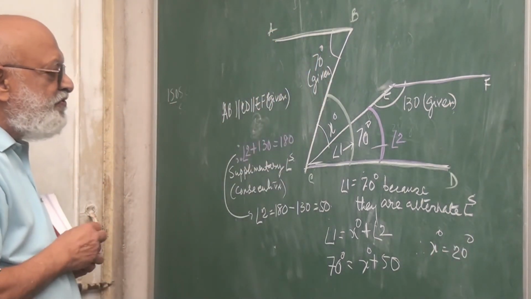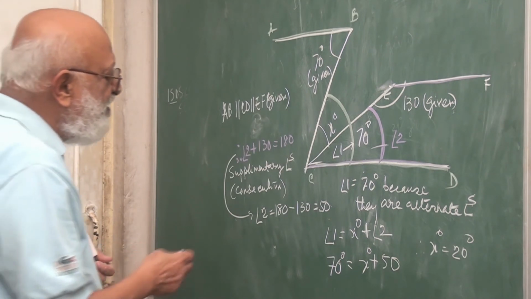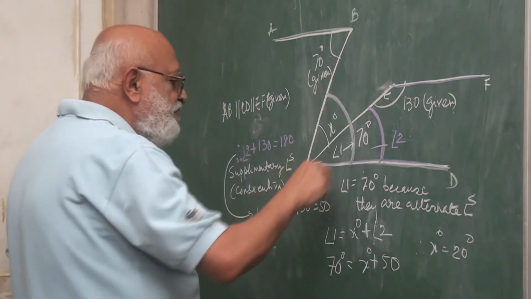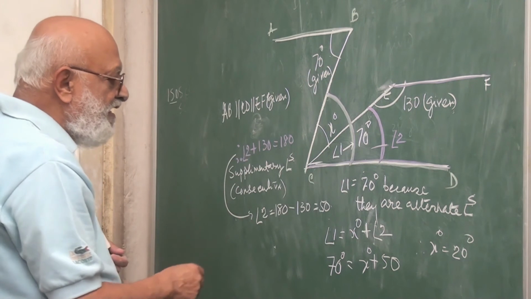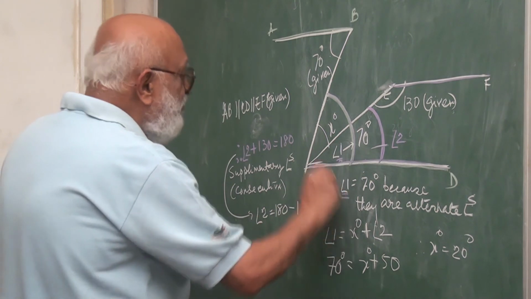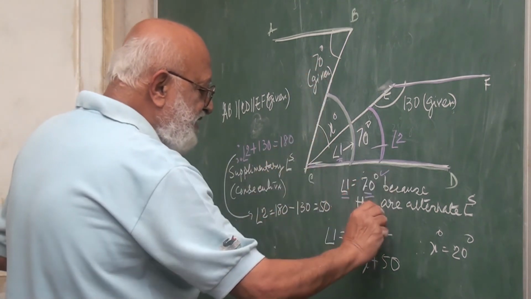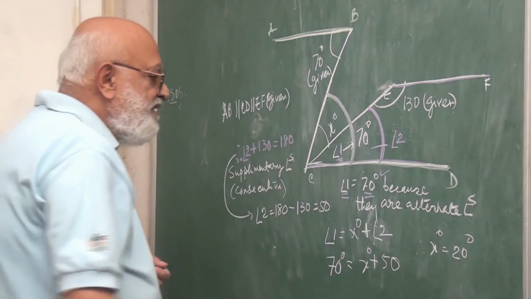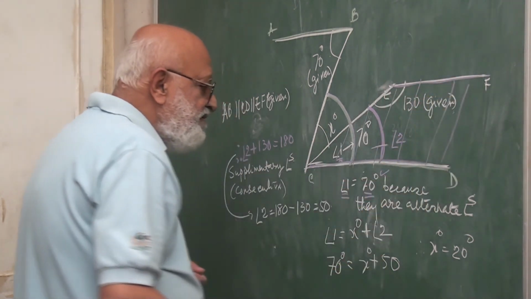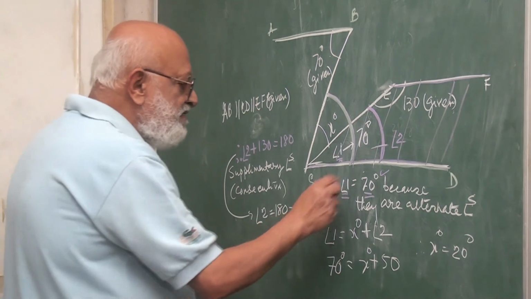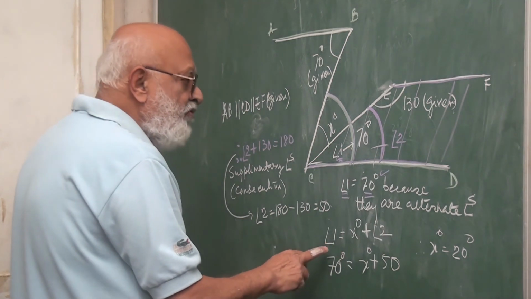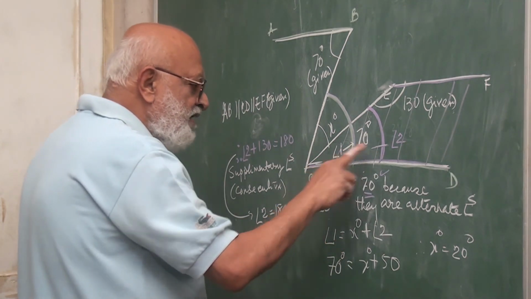Okay? So let us recapitulate what we did. We first took the bigger angle, angle 1, which is equal to 70 because they are alternate angles. Then we took the smaller angle, angle 2.